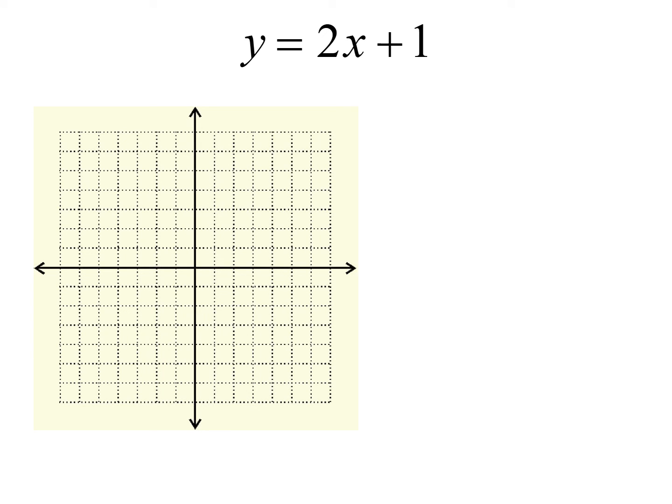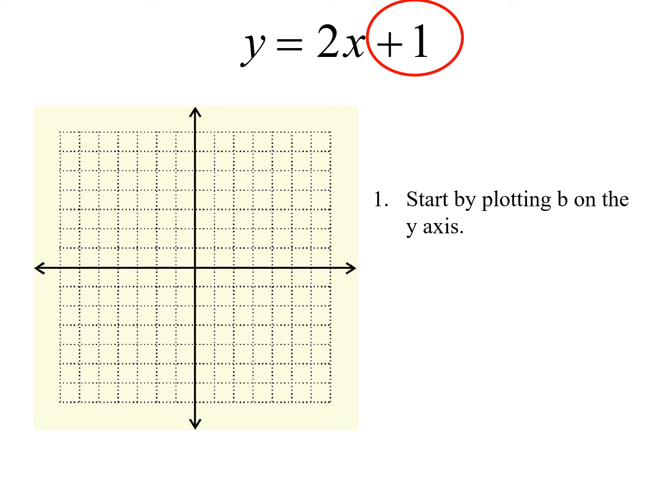Alright, so now I'm going to give you the equation. I want you to draw it. So pull out your slope, that's easy to see, 2. You can make it a fraction over 1, and then your intercept is just that 1 that's out there by itself. So for steps, plot the B, put the 1 on there, on the y-axis, right there, see that blue dot?